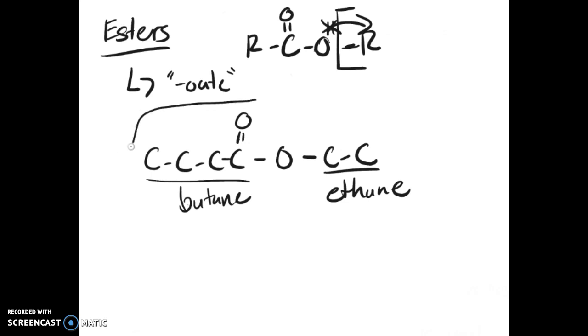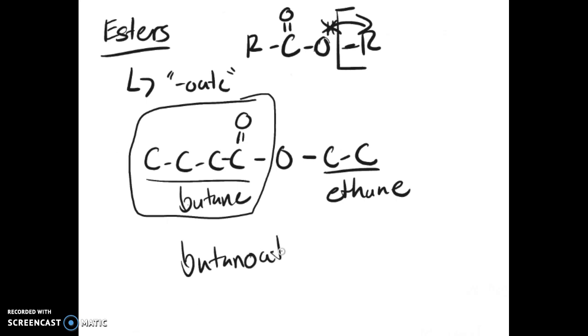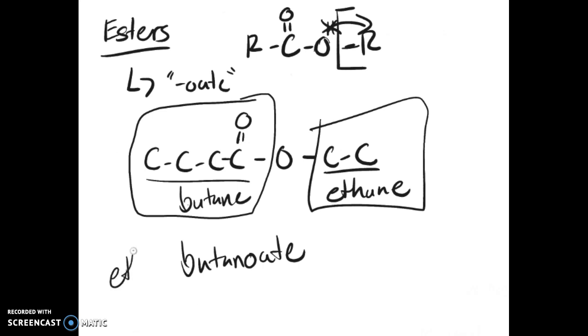Now since this side has your double bonded oxygen, this becomes your parent chain. So butanoate, and this becomes named like a side group. So you would say, in this case, it's ethyl butanoate. This does not need a position number because it's going to be on the side of this oxygen no matter where it is, and since this has to be on the end of the chain, it can't change.